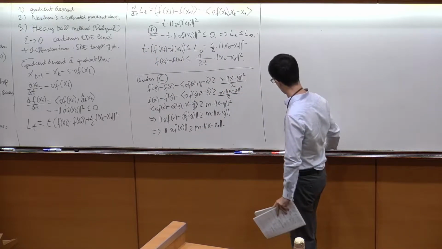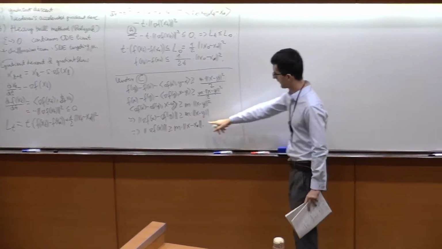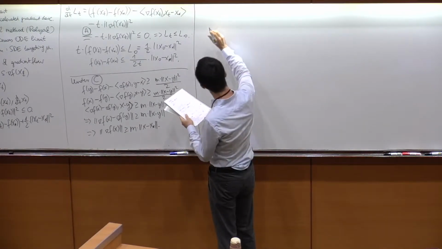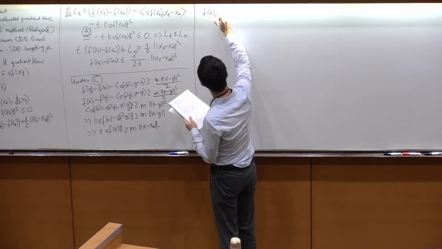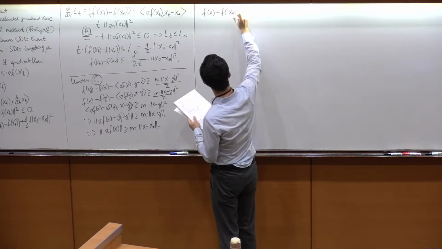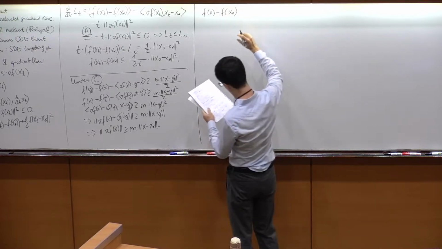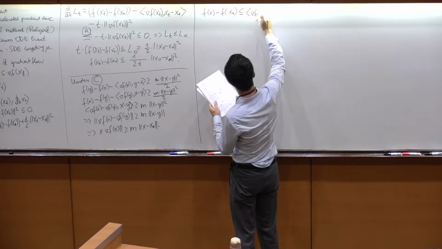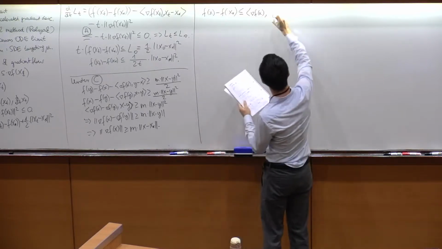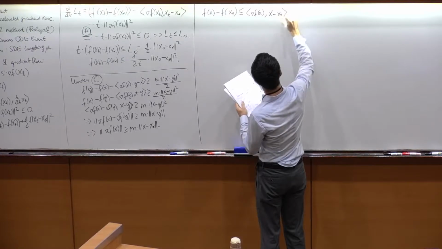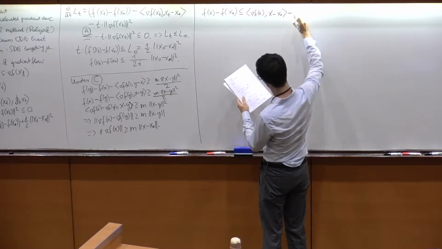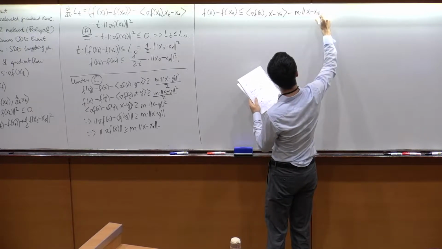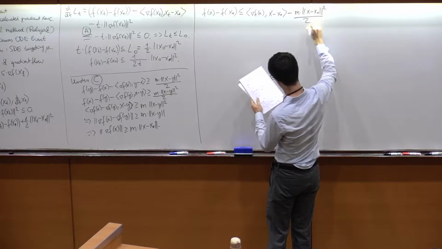So now under C you have this, and then you also have, again, f(x) − f(x star) is less than or equal to ∇f(x) times (x − x star) minus small m times ‖x − x star‖² over 2.